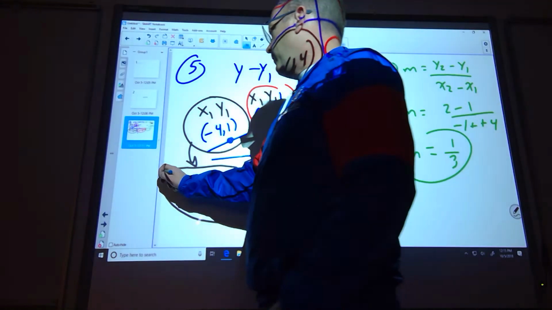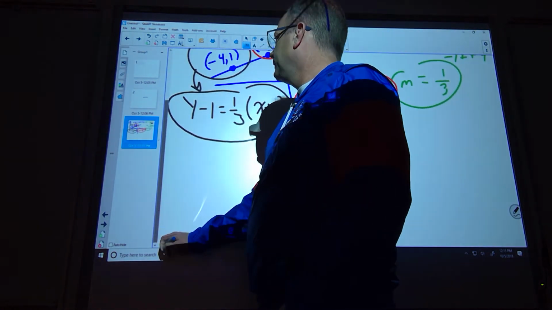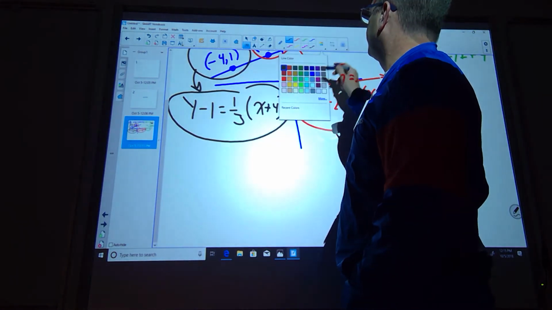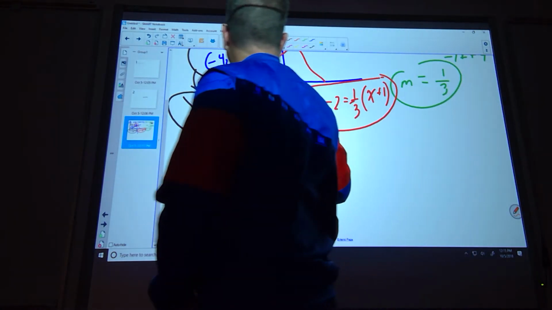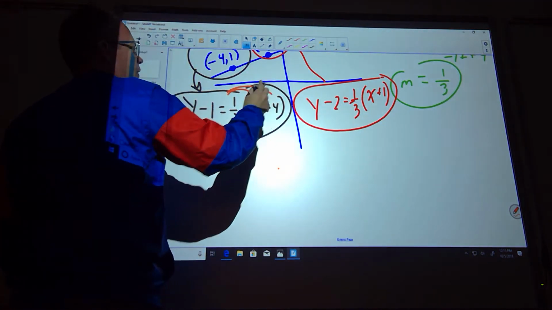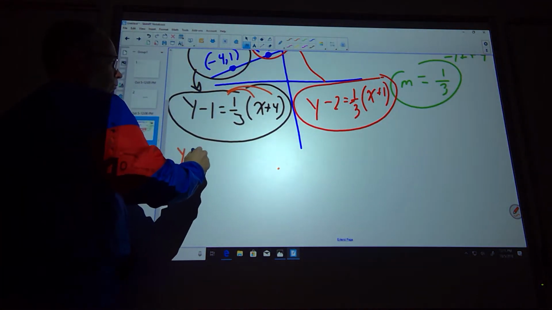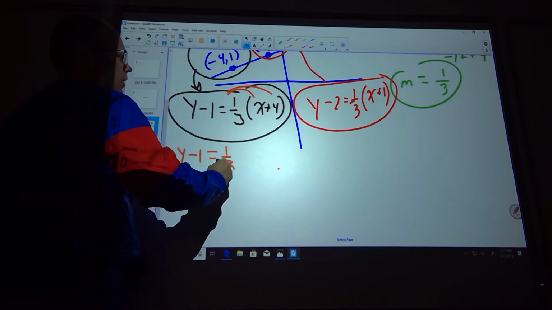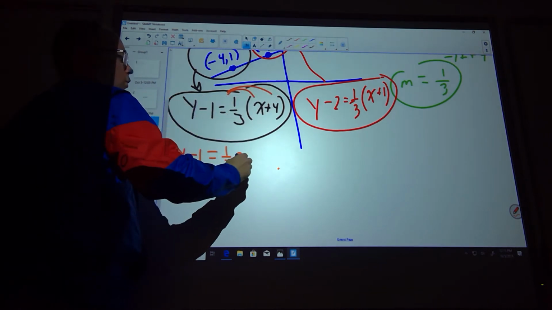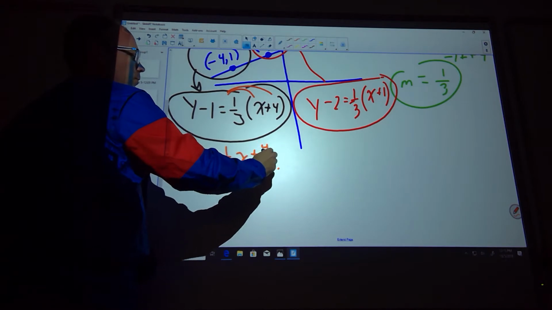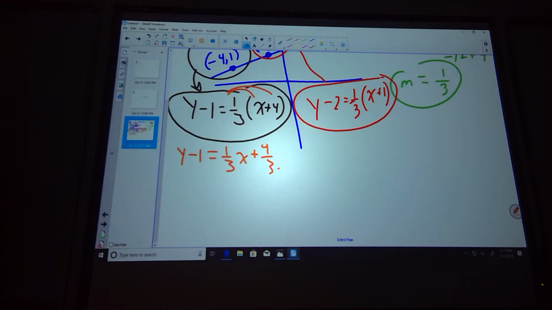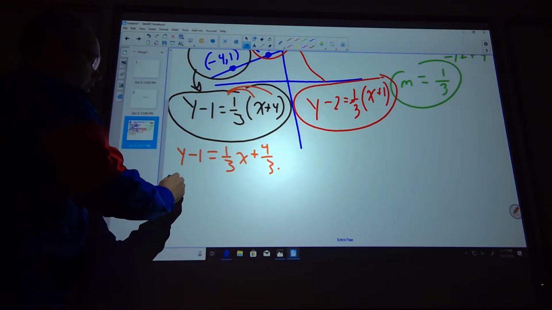So I'm just going to modify this a smidge. I'm going to modify each one of those. Okay, so I'm going to distribute 1/3 here and here. 1/3 times 4 is 4/3. Is that okay? And then I'm going to add 1 to both sides.